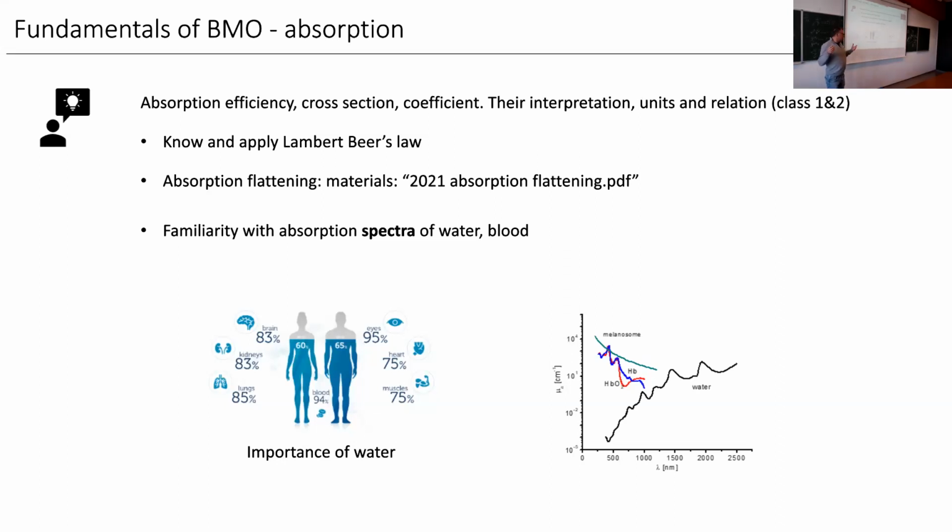What I would hope is that you were able to recognize, for example, the absorption spectrum of hemoglobin. I'll show it to you. So also be a little bit familiar with the units. You should be familiar with the units on the axis of such a graph, and things like water absorption is low in the visible, it's high in the near infrared, and blood absorption is high in the visible and low in the near infrared. These kinds of things.